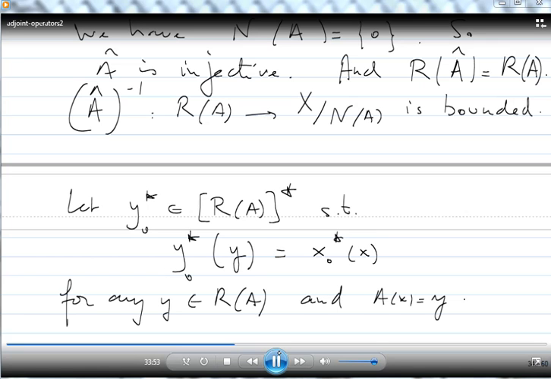So remember, this y0 star belongs to the dual of R of A. Its initial values are in R of A, and its target set is R, so it's a linear function. But when you take any element in R of A, it has the form A of x. So remember our x0 star at the beginning. The question is whether this x0 star of x depends on x, or is independent of x. It depends only on little y, and that's why this y0 star will be well defined.